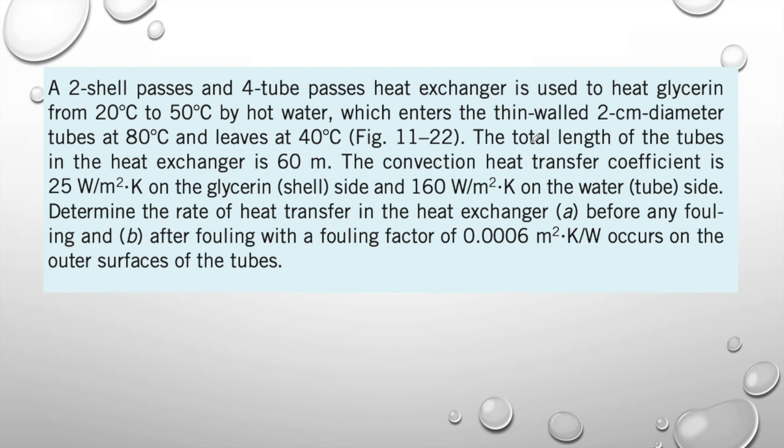And 160 watt per meter square Kelvin on the water tube side. Both heat transfer coefficients have already been given. As I mentioned before, chapter 4 is the combination of all the previous chapters learned by you. So chapters 1, 2, 3 will be combined and tested in chapter 4.